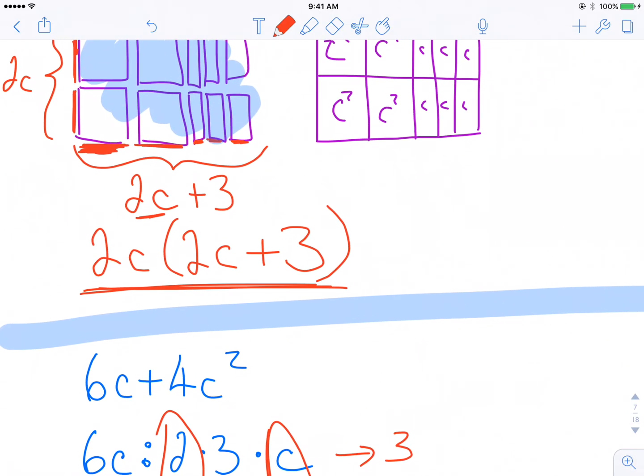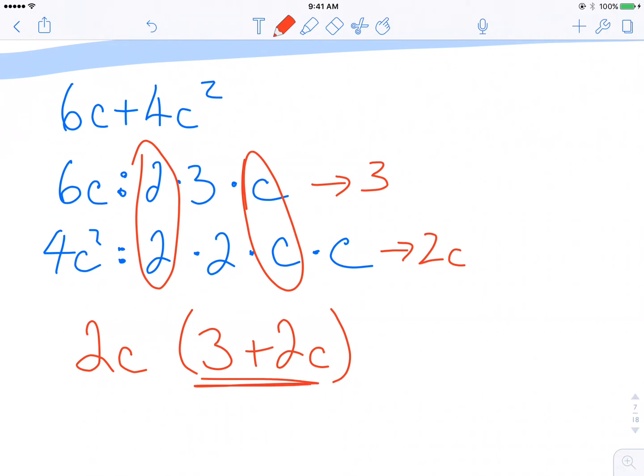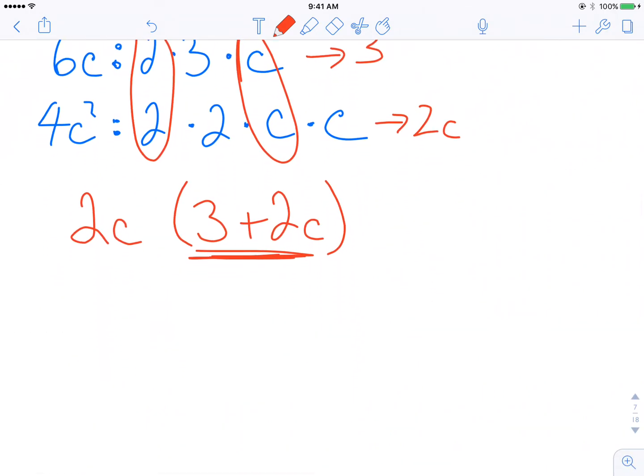But this order, 2c plus 3 or 3 plus 2c, there's nothing wrong with either of those orders. Generally, we try and keep our algebra term first, but you won't be docked marks at all. So you just need to realize that you can have them in either order.